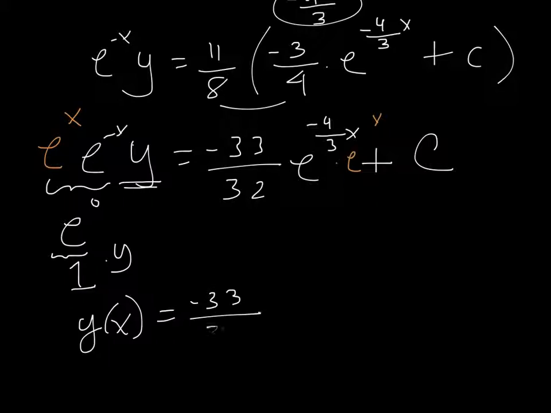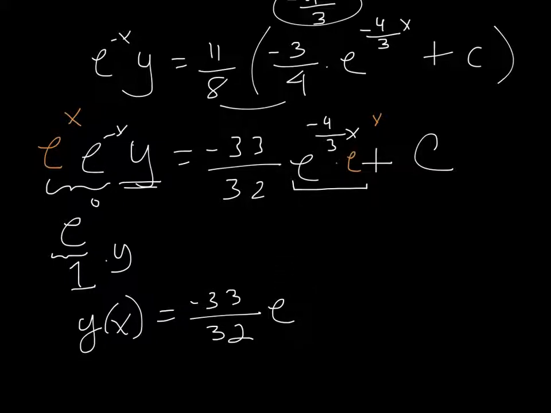negative 33 over 32. And here I just have the same base, so I'm adding negative 4/3 x plus 1x, or negative 4/3 x plus 3/3 x, which is negative 1/3 of x. So again, I'm just adding fractions.